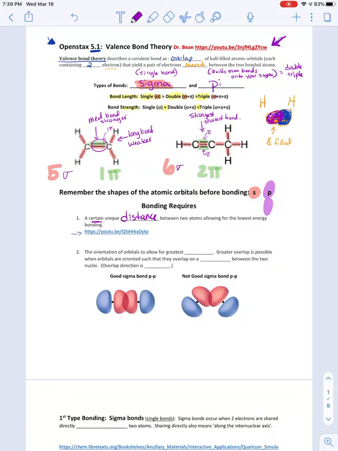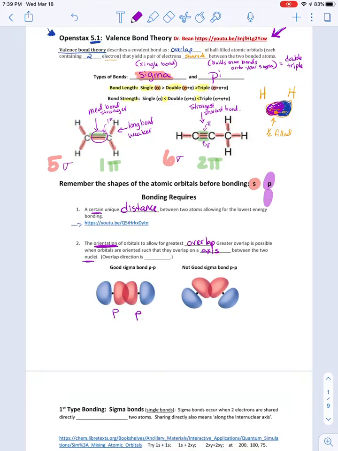The other thing that matters is not just the distance. You also need the orientation to be right. What that means is they have to be bouncing into each other just so. You want it to allow for the greatest overlap. Greater overlap is possible when orbitals are oriented so that they overlap on an axis, which I'll show you in this picture right below, between the two nuclei.